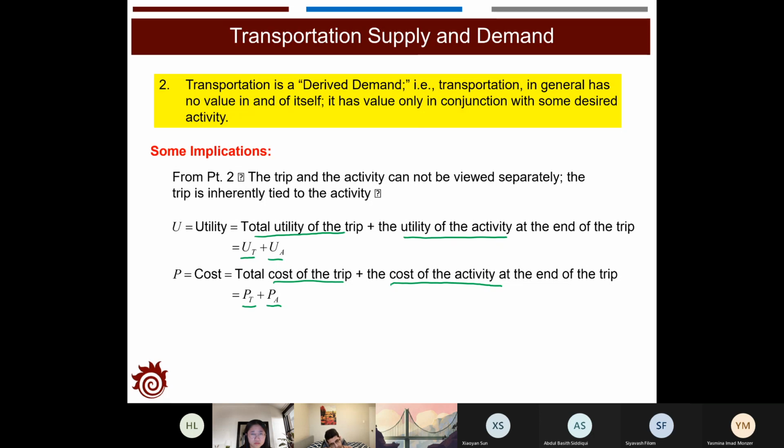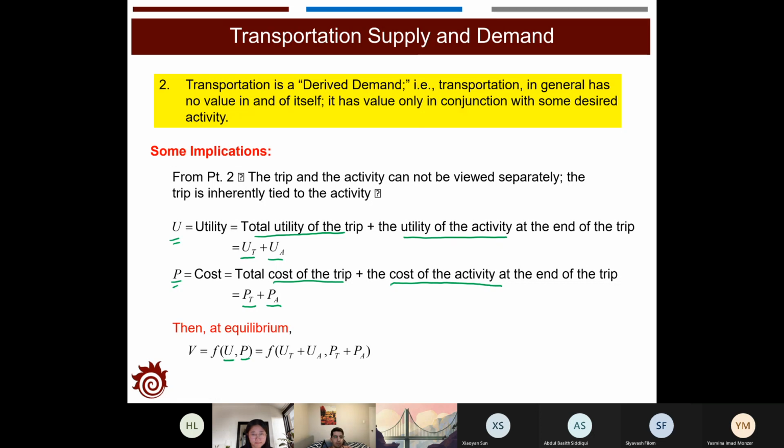And for the estimation of the demand, it will be determined by these two values: the total utility and the total cost. So with that, we can say that the volume, or the demand of the transportation system, is a function of the utility and the cost.